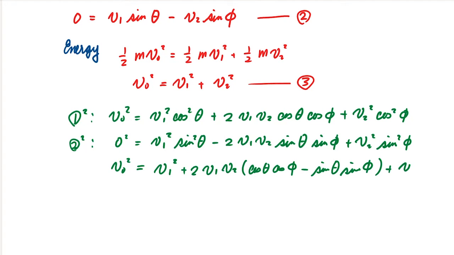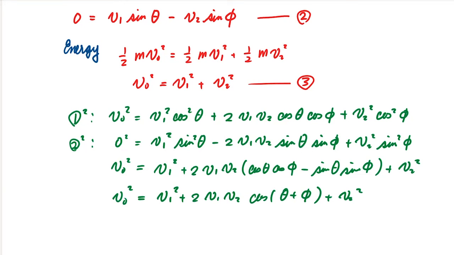And then plus v2 squared. So far so good? Somebody tell me what this thing inside the parentheses is. That is cosine theta plus phi, isn't it? Plus v2 squared. Okay, so this is v0 squared.